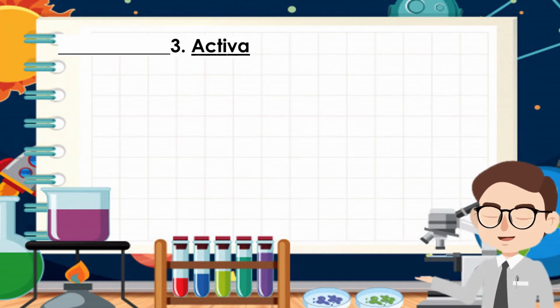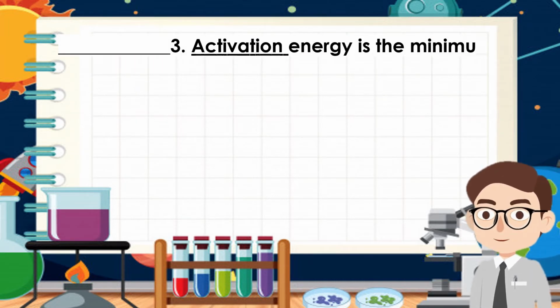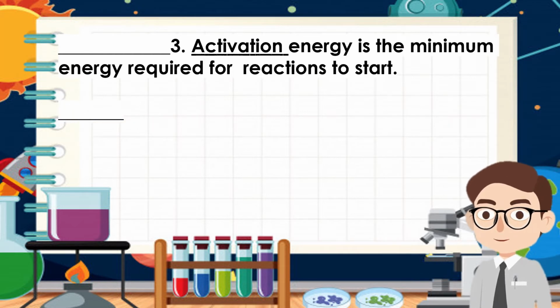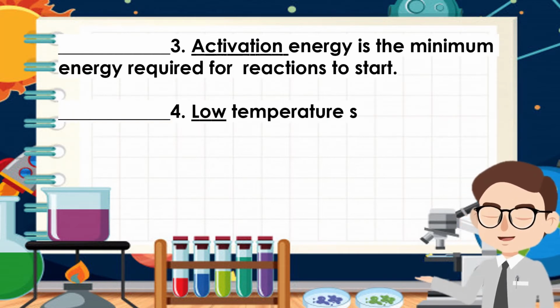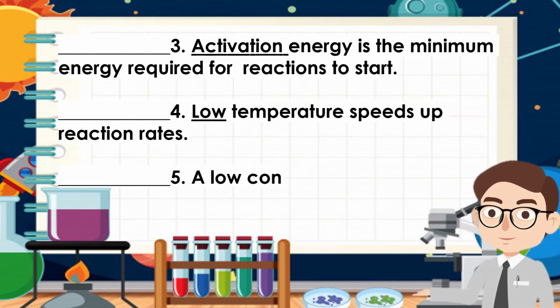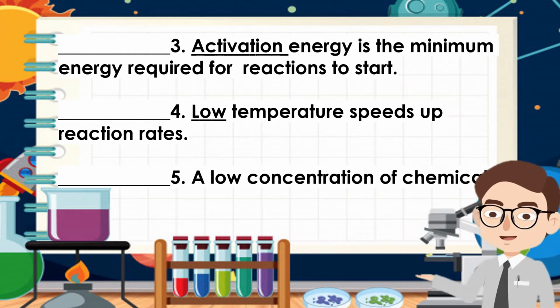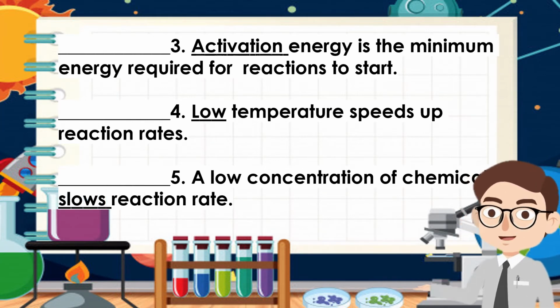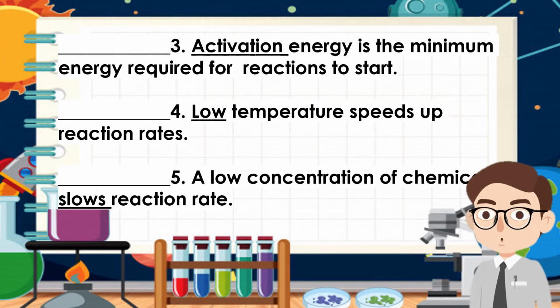Number 3. Activation energy is the minimum energy required for reactions to start. Number 4. Low temperature speeds up reaction rates. And number 5. A low concentration of chemical slows reaction rate. Please write your answer in your notebook.